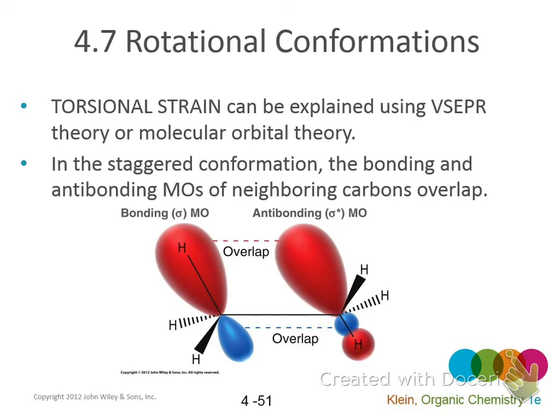Why is the hydrogen on the right side half red and half blue? Because it's an anti-bonding orbital and has a node. I don't know how to explain it other than that.